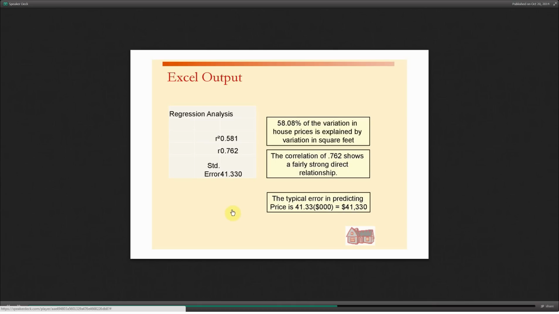So typically when I make an estimate of housing prices from square feet, I'm going to be off by $41.33 thousand, or about $41,330. So in other words, on average, my predictions are going to be too high or too low by $41,330.